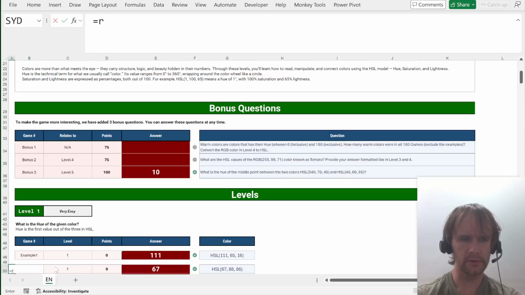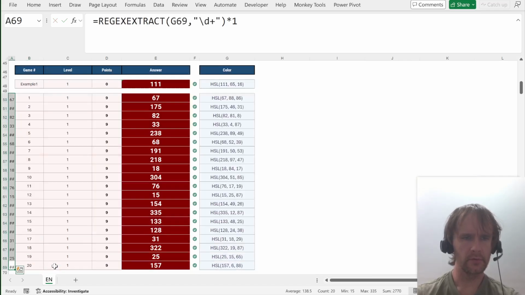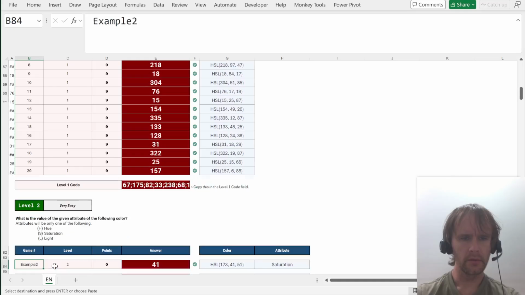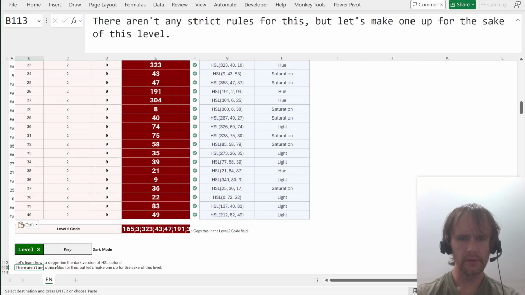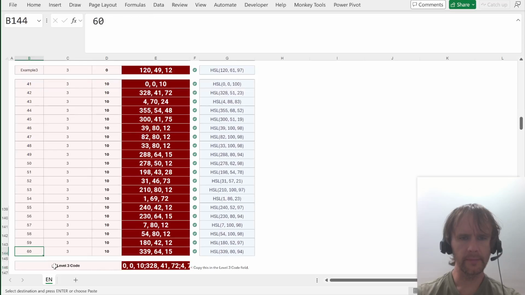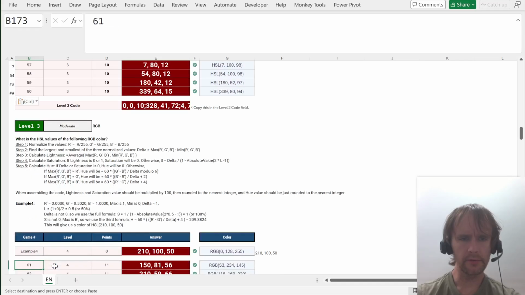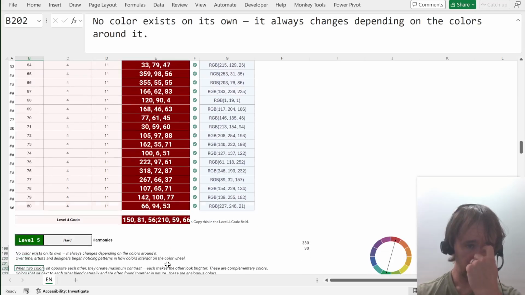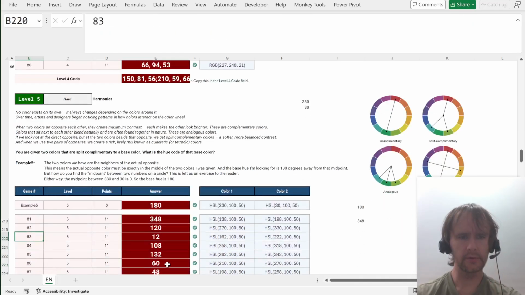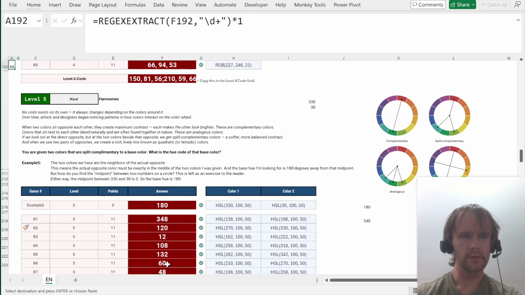So say regex extract from here \d+ times 1. Oh, yeah, no, we're going to have 2 later on. Fine. Level 3 again. This one we need to point it to here. And then level 5, we got 2 of them, right? Yes. So let's just insert.